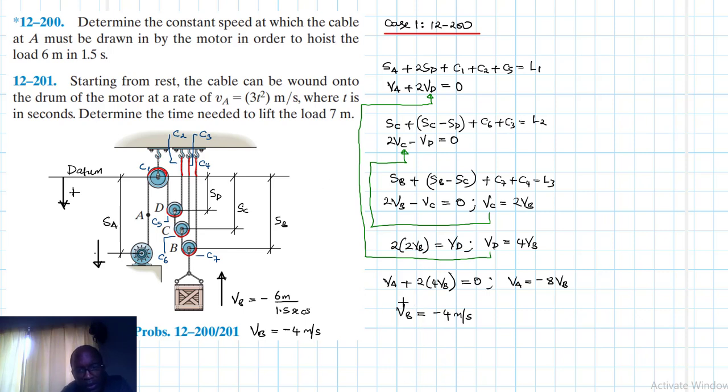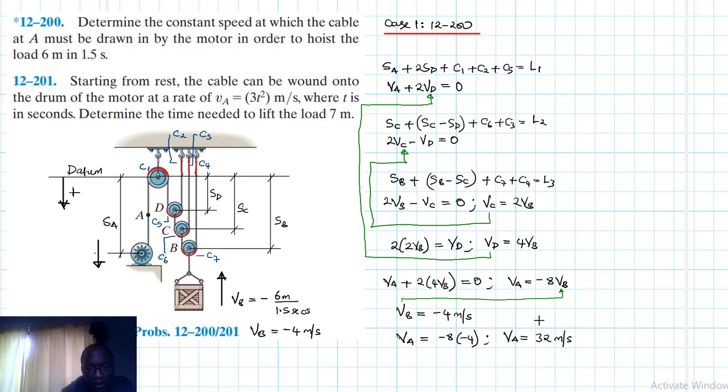So when we plug it in, we have VA equal to minus 8 times minus 4, which gives us VA equal to 32 meters per second.